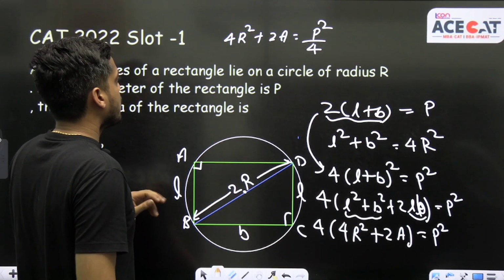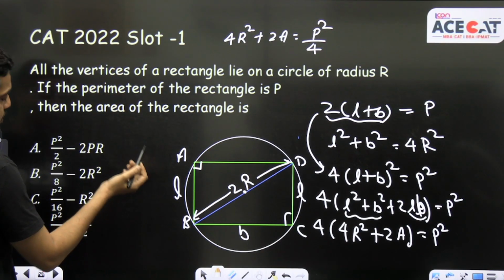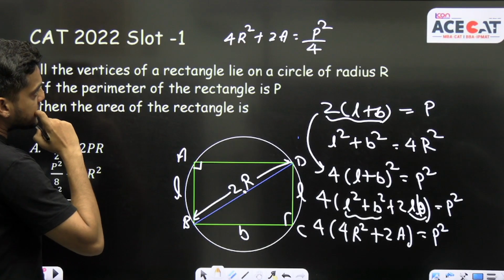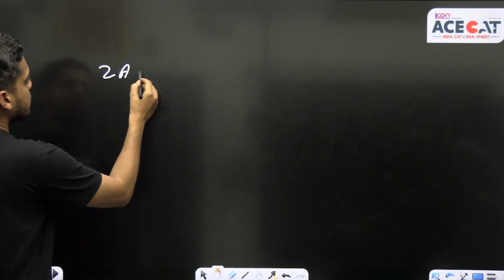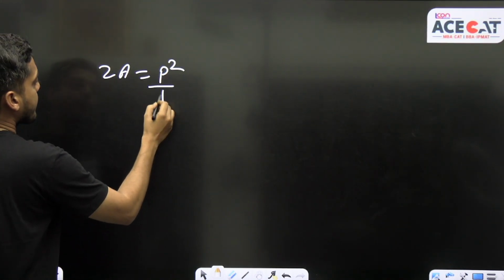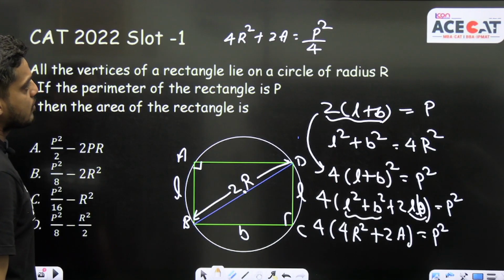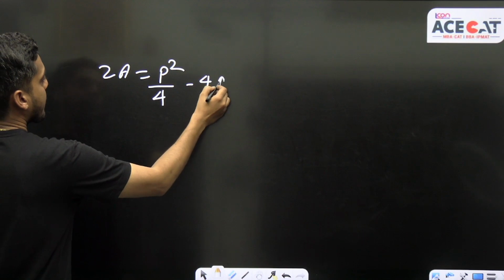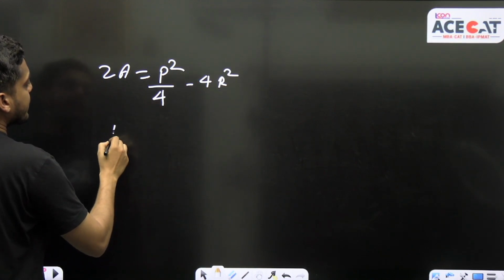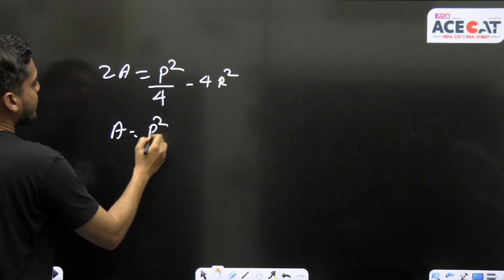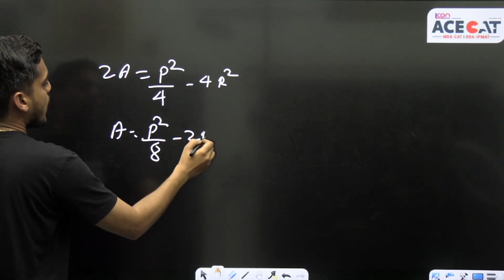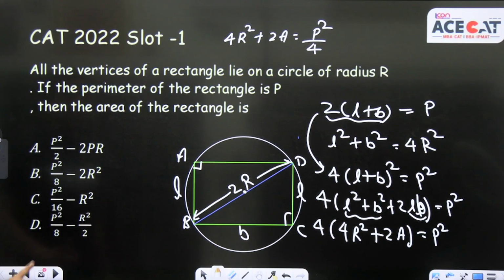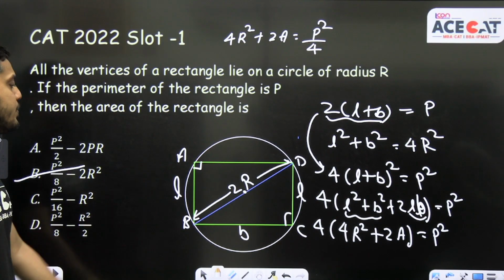So 2A will be equal to P square by 4 minus 4R square, or ultimately we can say the area will be equal to P square by 8 minus 2R square. That is the correct answer: P square by 8 minus 2R square. Option B is the correct answer.